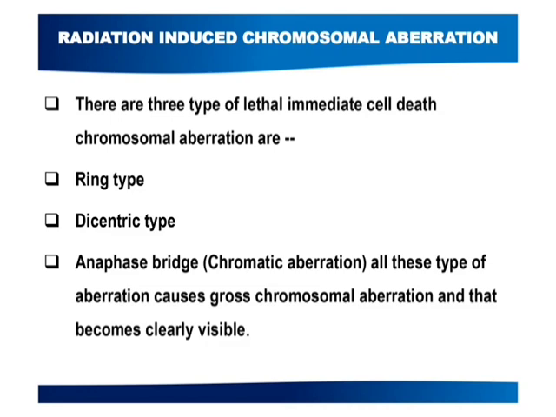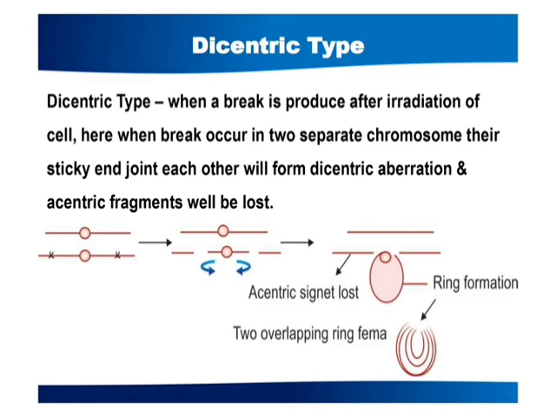A blood sample is obtained a few hours after total body irradiation. The frequency of chromosome aberrations reflects the dose received by the DNA. So that's the topic. Thank you very much.